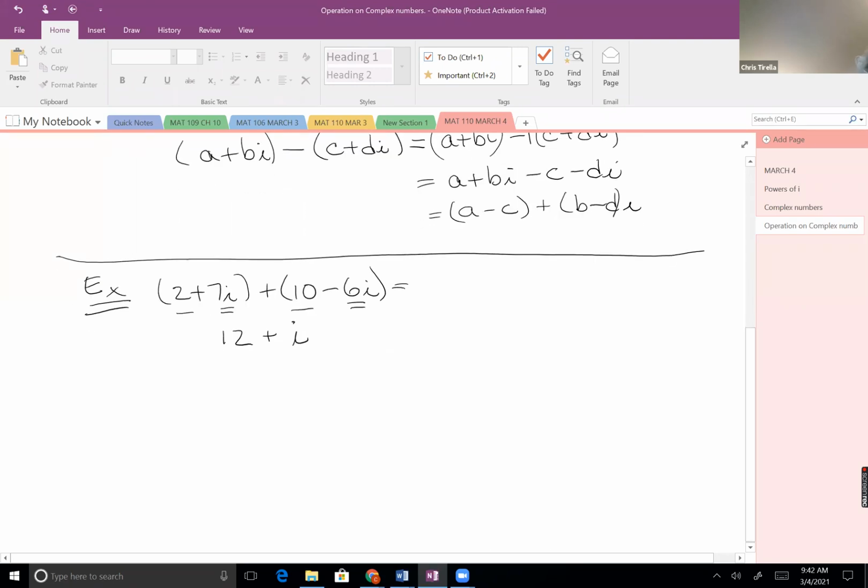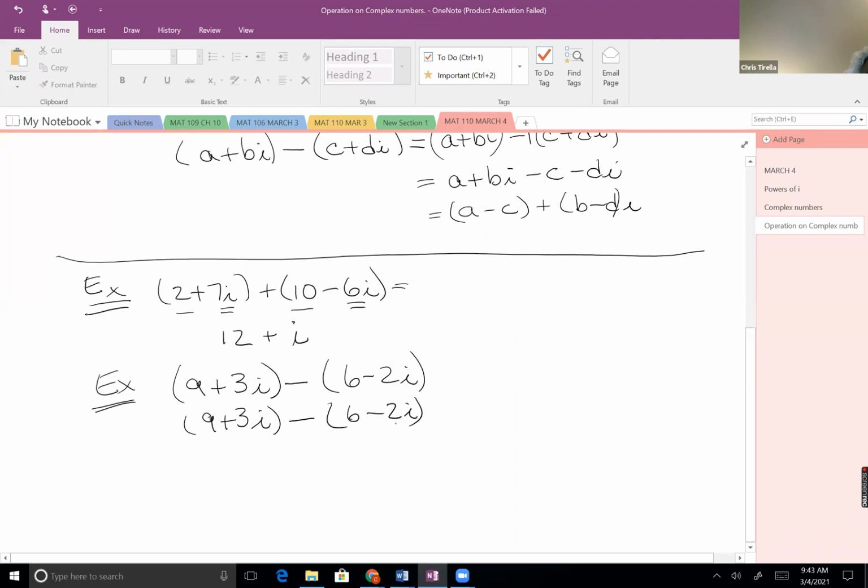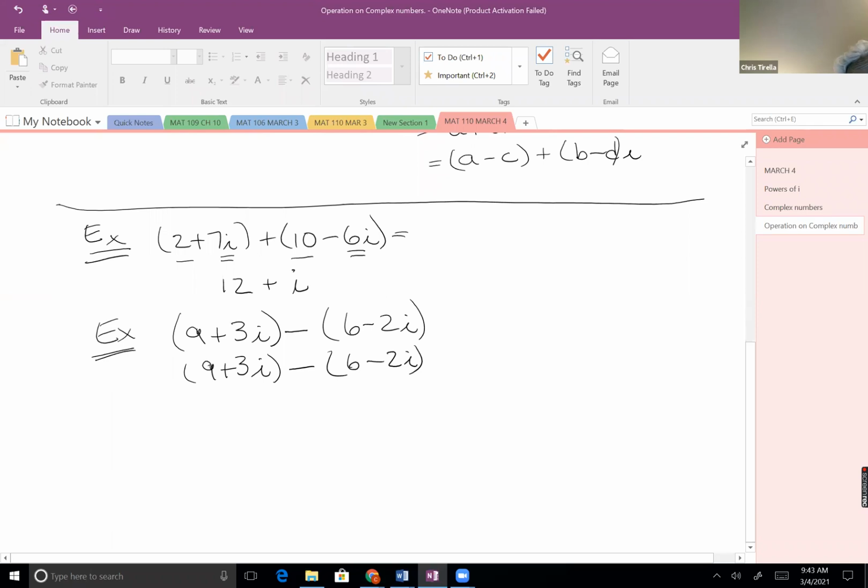Again, it's very much like combining like terms. Instead, if I have something like 9 plus 3i minus 6 minus 2i, I'm going to take the time to rewrite this so that everybody knows the original problem beyond the one that I scribble all over to do my work.